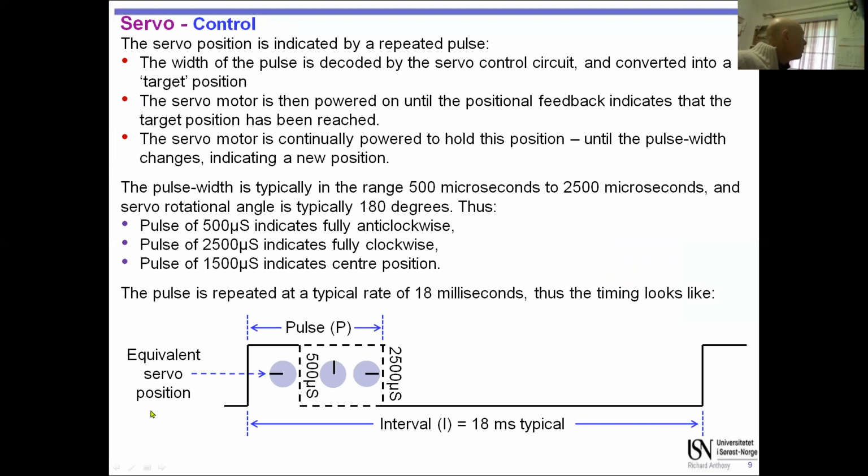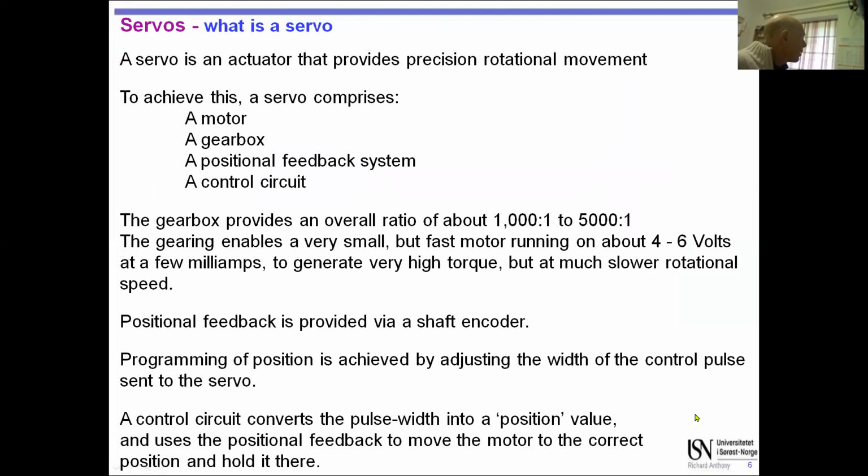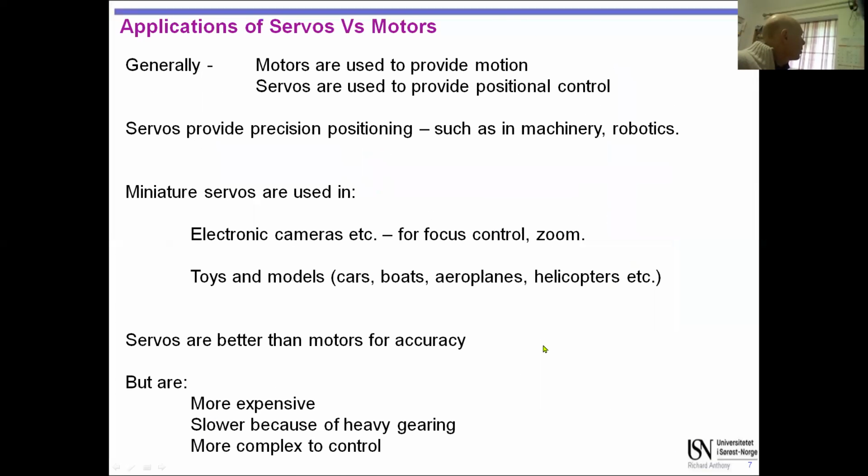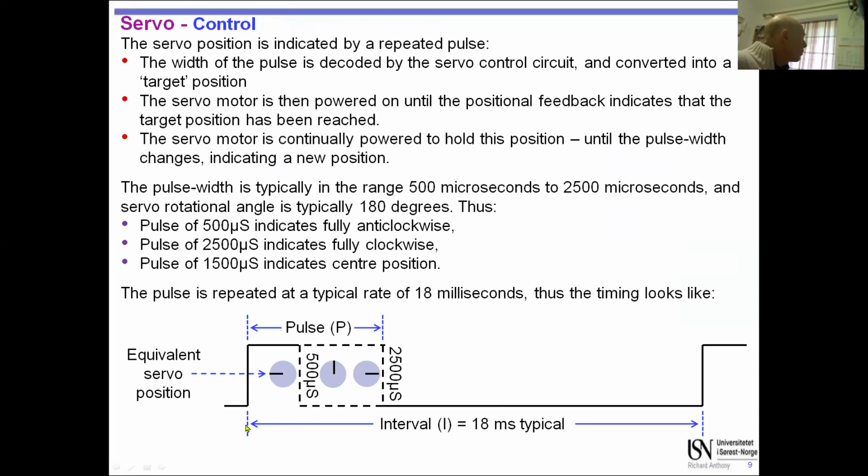This is the range of pulse widths. Okay, so the interval, and let me just come back to that very first slide we talked about here. This interval here, between these, the whole cycle of going from 0 to 255, that is the same interval that we mean here, from there to there. And that is typically 18 milliseconds.